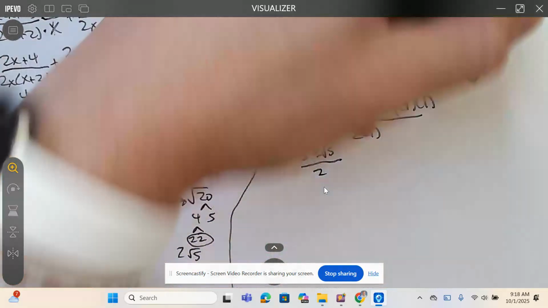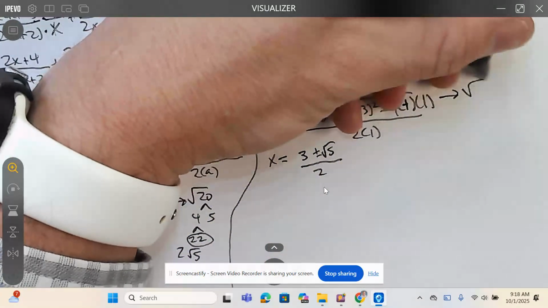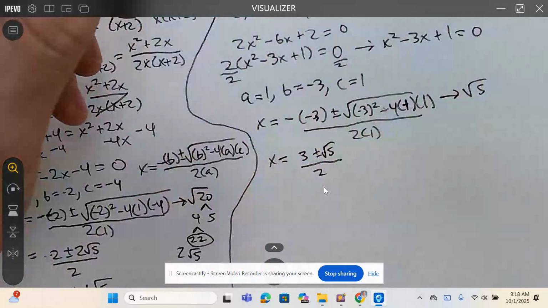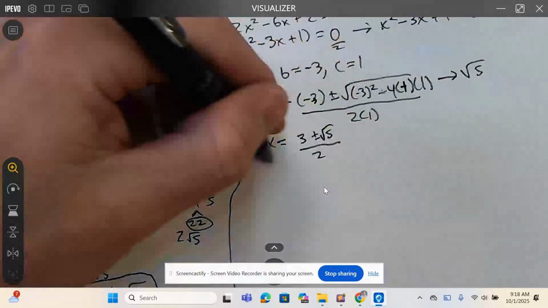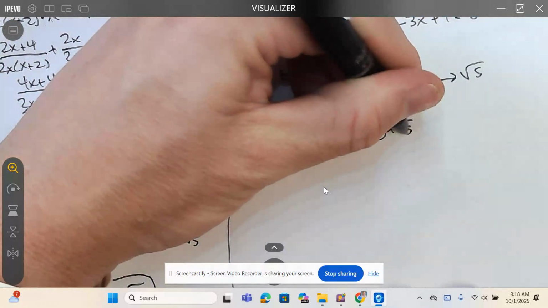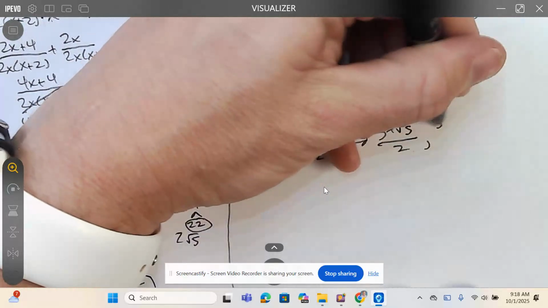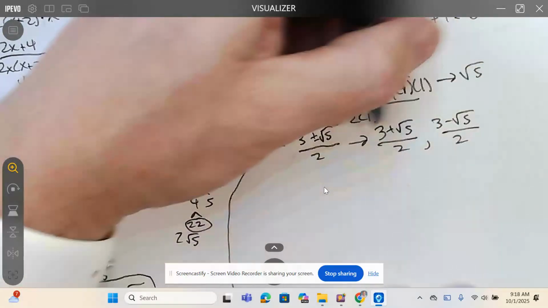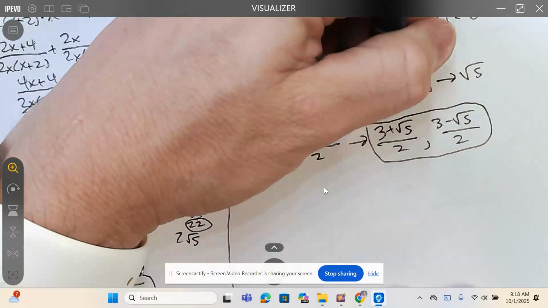So square root of 5. Yeah, I can't simplify 5, so it's just going to be 3 plus the square root of 5 divided by 2, 3 minus the square root of 5 divided by 2. No common factors, nothing else.